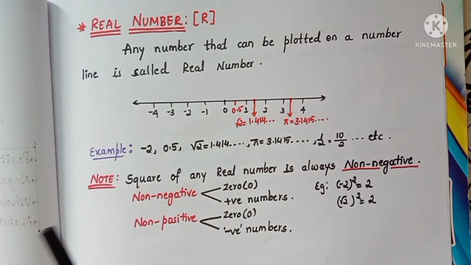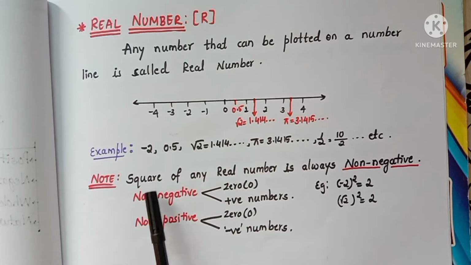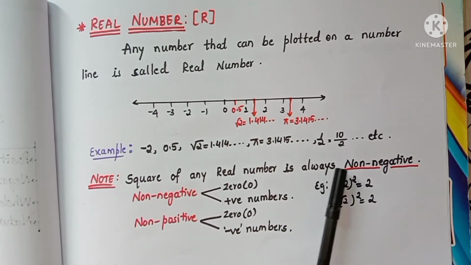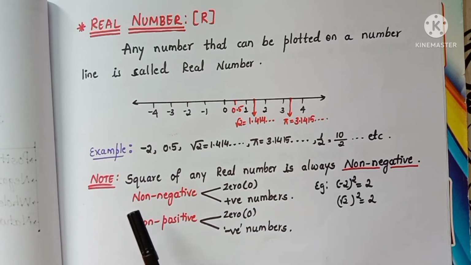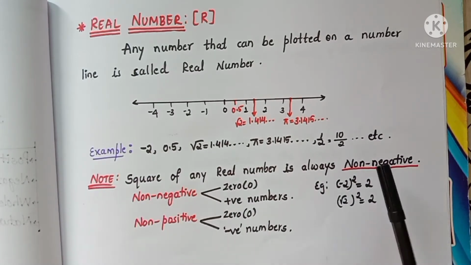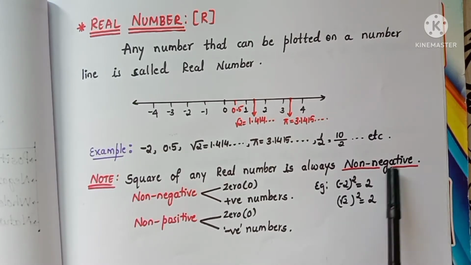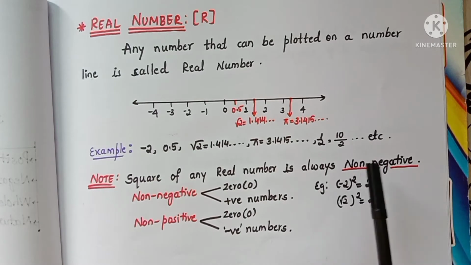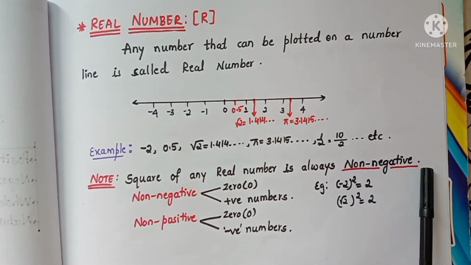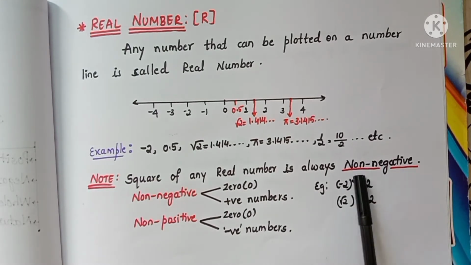Here, students note that the square of any real number is always non-negative. What does non-negative mean? Non-negative means it is a positive number. But instead of writing directly positive number, I have written non-negative. Why?